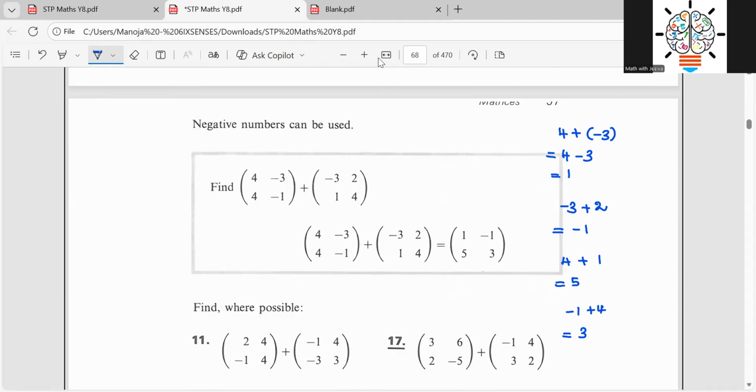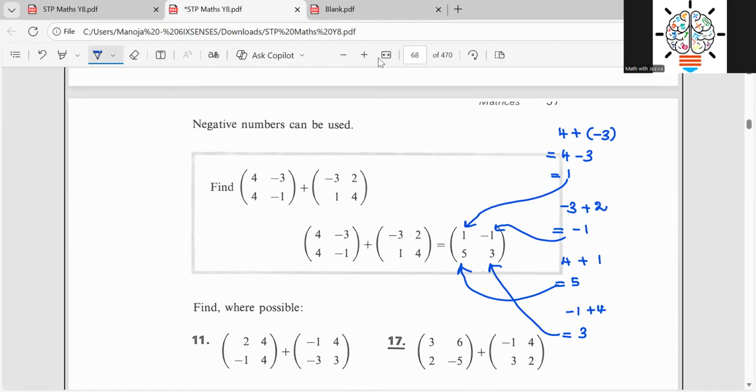You write the things like this, then you get the answers. 1, negative 1, 4, 5, and 3, right? So you want to do it carefully, because you might write in the wrong place, the wrong entry position. You want to write them at the correct position.